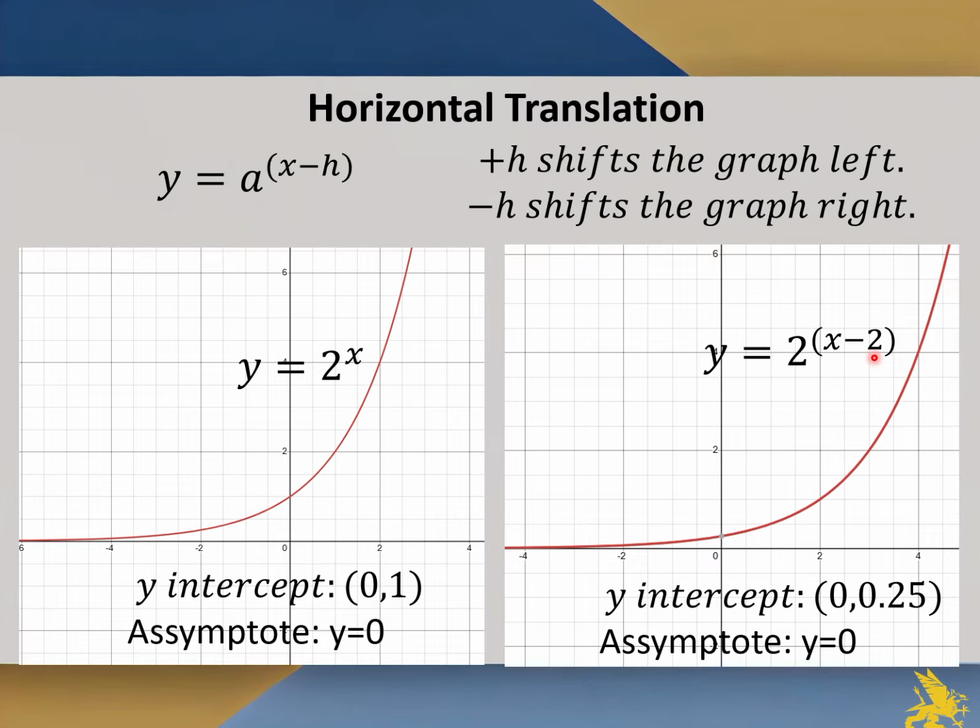So that means I would have 2 to the power of negative 2, which is the same as 1 over 2 squared, which is 1 over 4. So that means when x is 0, y is a quarter, which is what I've got here, 0.25.